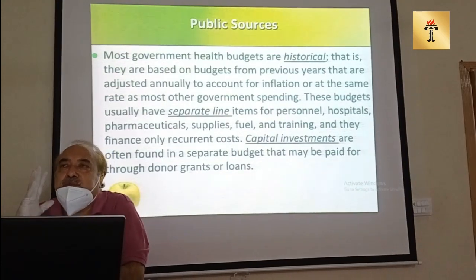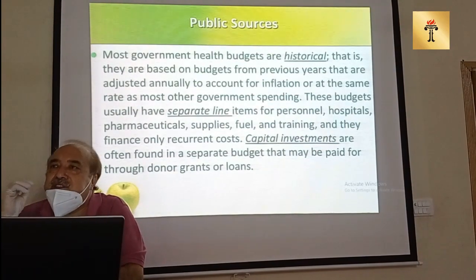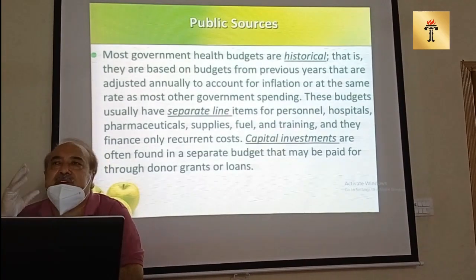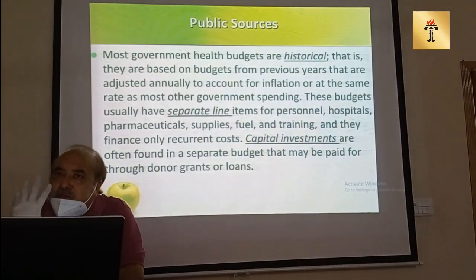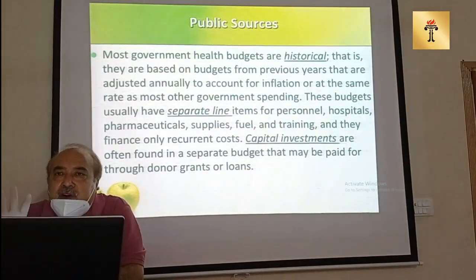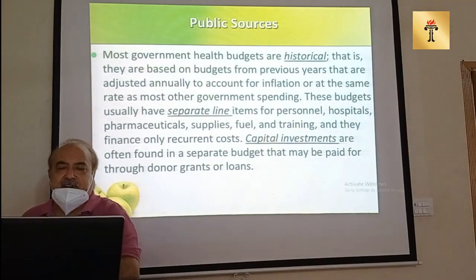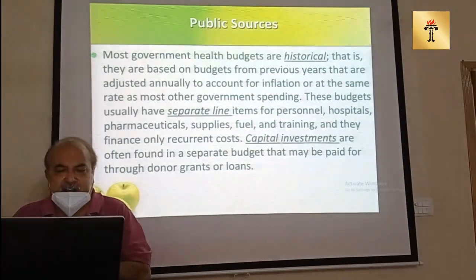Like the government provides budget to the administration under different heads, like pay and salaries, electricity, repair of the hospitals, and all that. And the authorities are bound to spend according to the policy and the separate line arrangements. And then, of course, you can get reappropriation and all that.